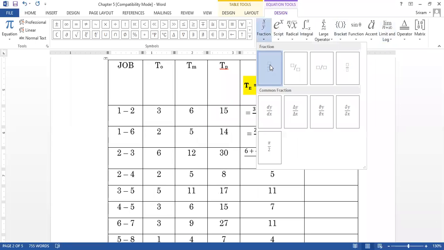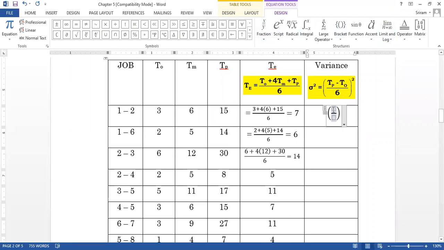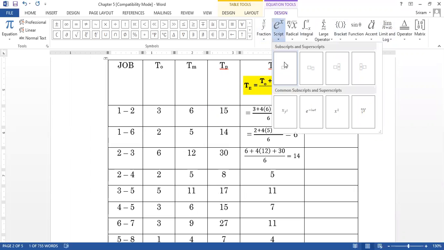What is the value of Tp? The value of Tp is 15 minus the value of T naught, 3, divided by 6. I need to find the whole squared, isn't it? We have to find the whole square.